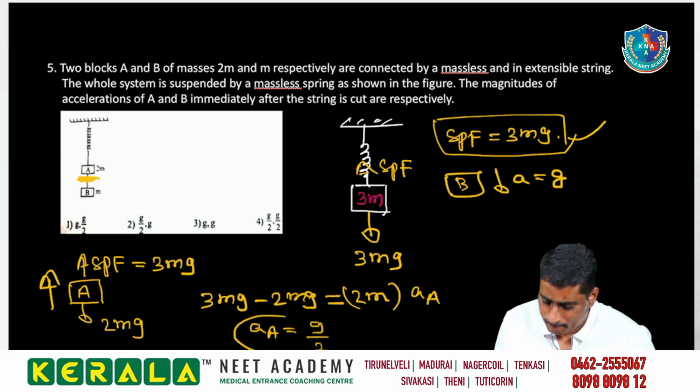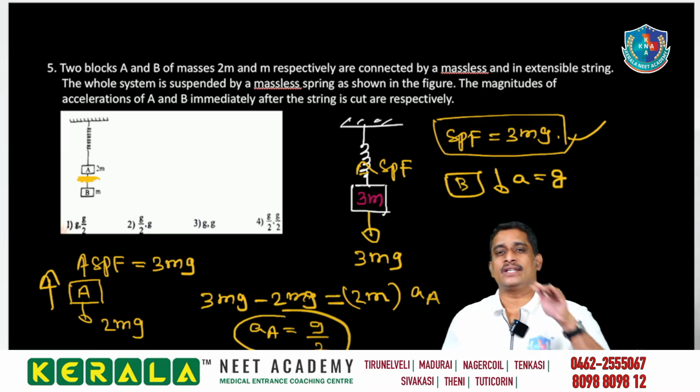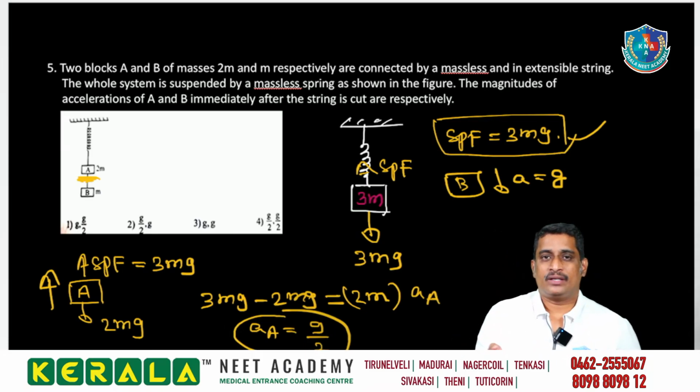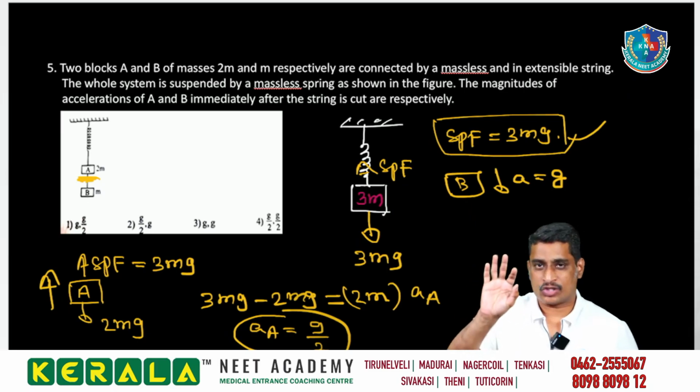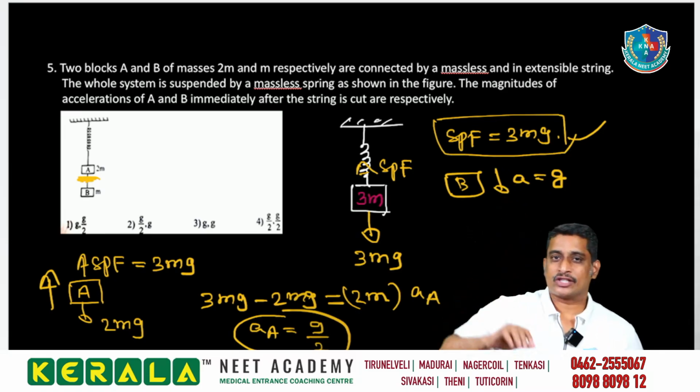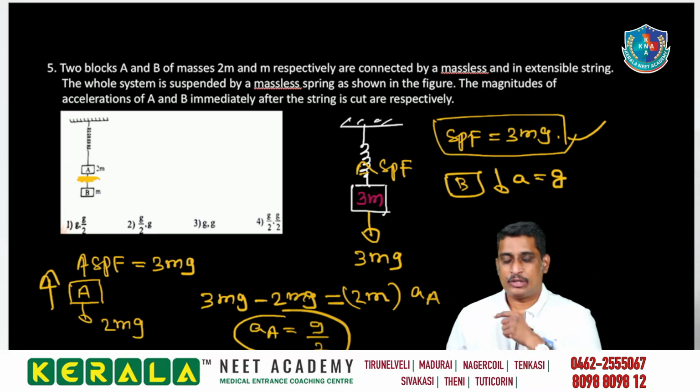So as soon as the string is cut, block B moves under gravity with acceleration of magnitude g, and block A moves upward with an acceleration of magnitude g by 2.